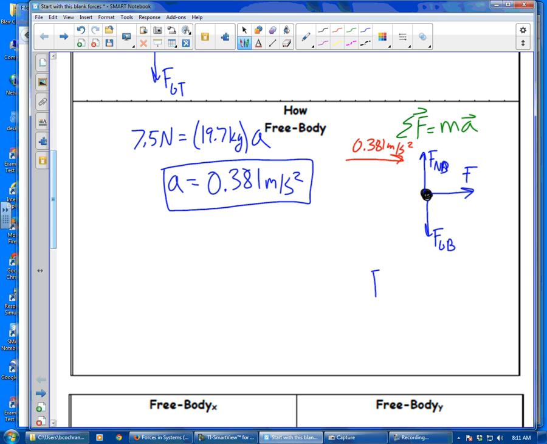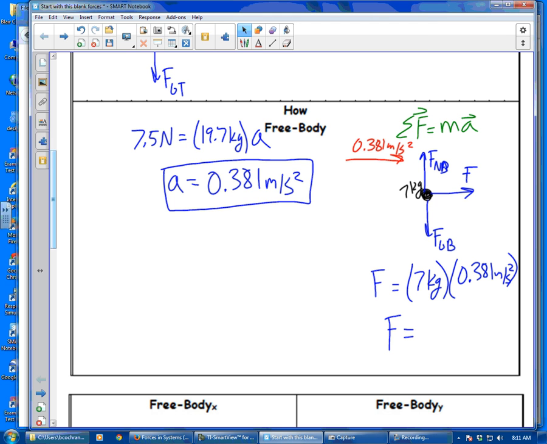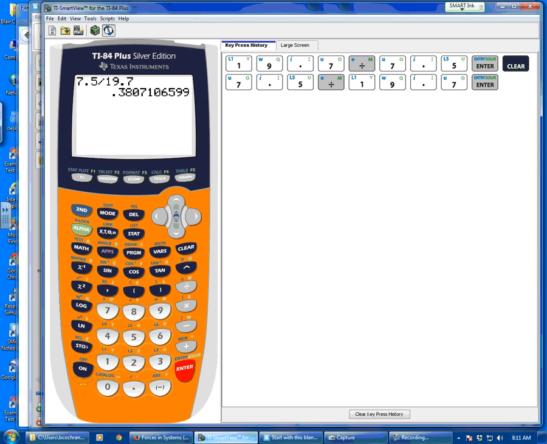I get F equals, oops, I forgot to write my inertia next to it. My inertia is 7 kilograms. F equals 7 kilograms times 0.381 meters per second squared. And so I get F equals, now in my writing it down I rounded, but luckily I have the answer to the previous in my calculator, so I don't have to round.